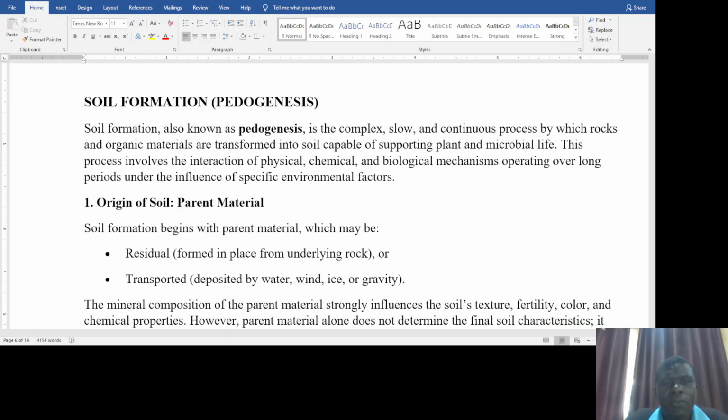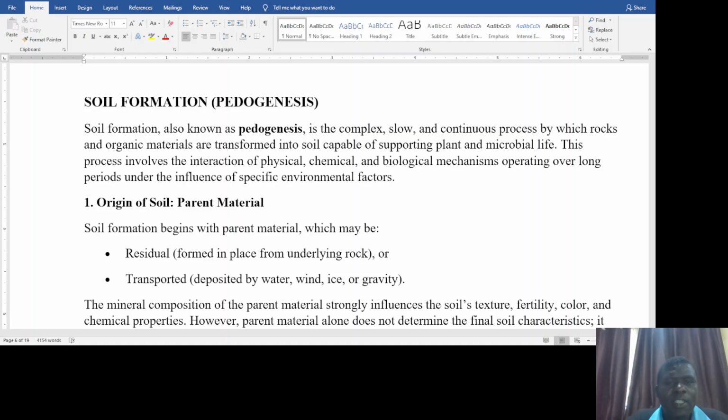And for soil to be formed, there are a number of factors that are key, and one of the most important is the origin of the soil, or rather the parent material or the parent rock.